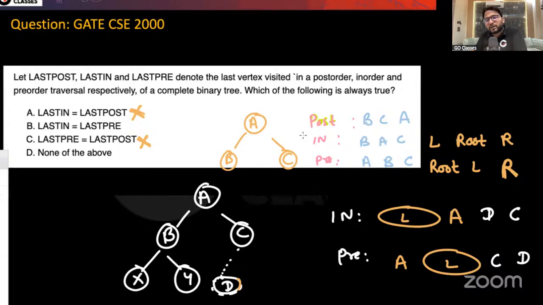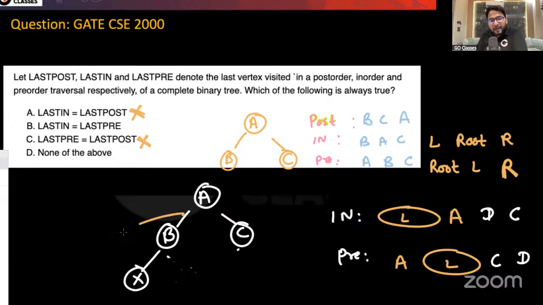For the small tree, it seems that these two are equal, but I just took the next level tree. There is no point in taking just that tree. With just one or two nodes, it won't matter because I'm more interested in the last portion.